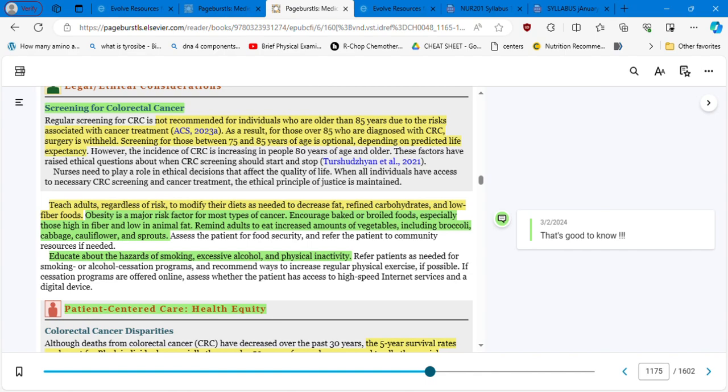Okay, screening for colorectal cancer is not recommended for individuals who are older than 85 years due to the risk associated with cancer treatment. As a result, for those over 85 who are diagnosed with CRC, surgery is withheld. Remember the seeding factor we mentioned before. Screening for those between 75 and 85 years of age is optional depending on predicted life expectancy.